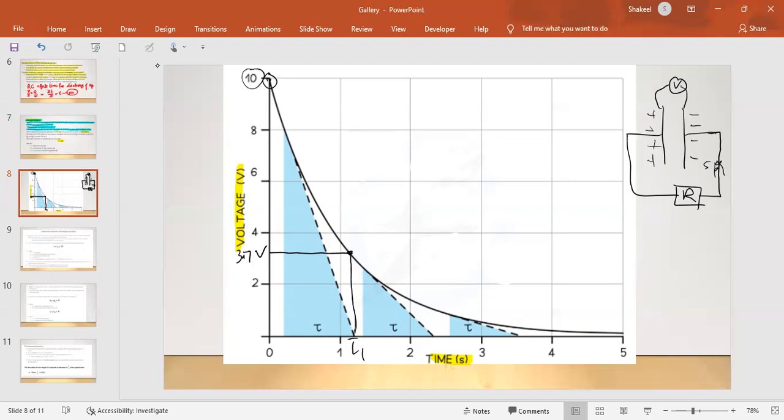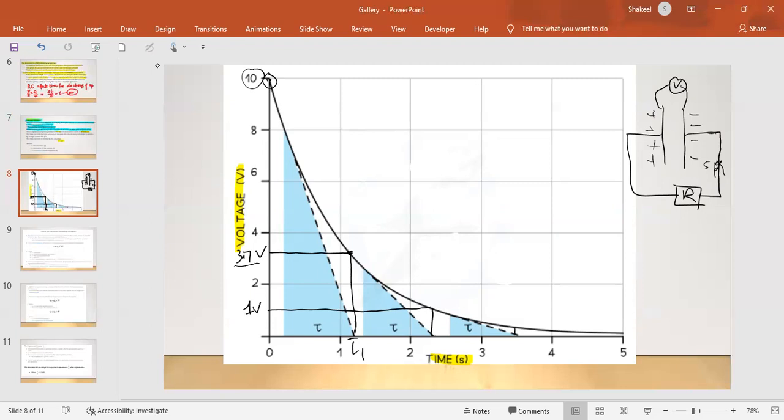Originally it was 10, and the time taken by the capacitor to discharge to 37% of its original potential difference is known as the time constant. And then again, when 3.7 is remaining, the time taken by the capacitor to discharge to 37% of that is again the time constant, which is of course about 1 volt. And then again the next.